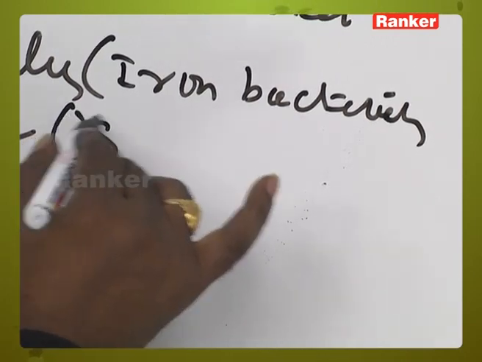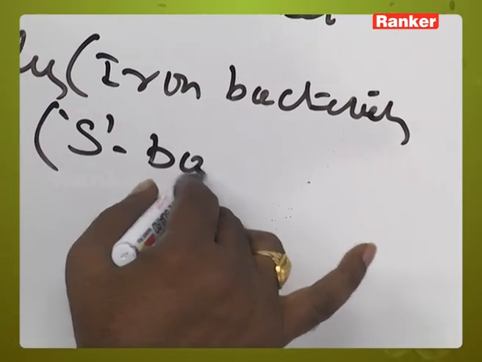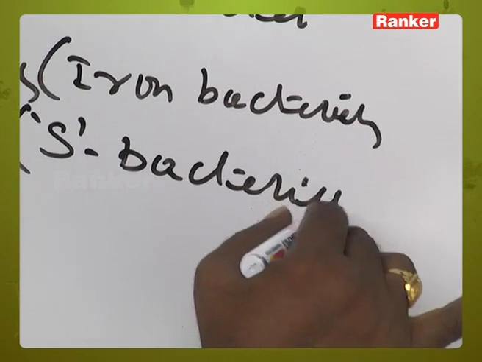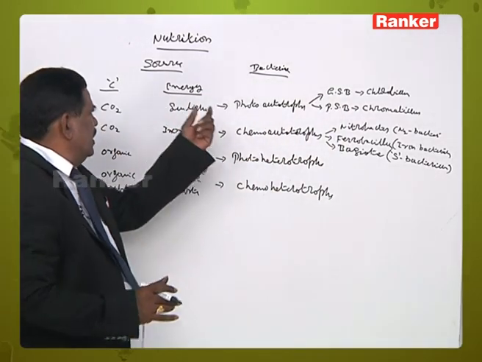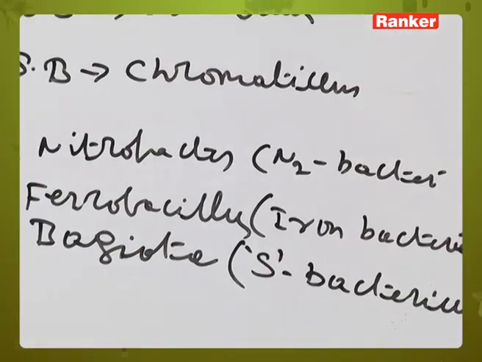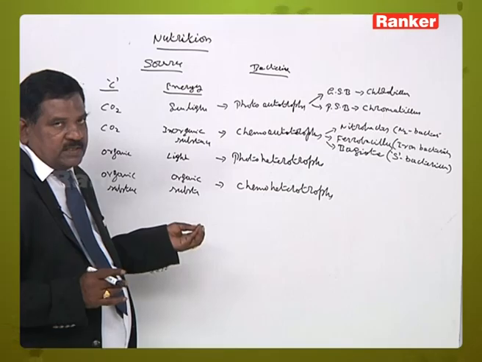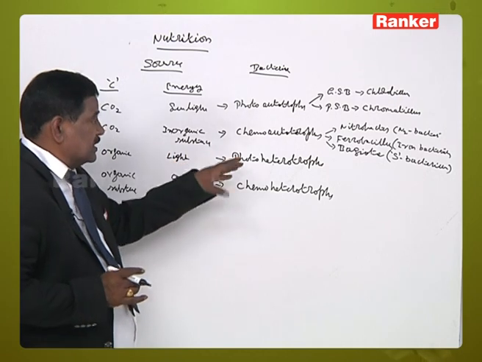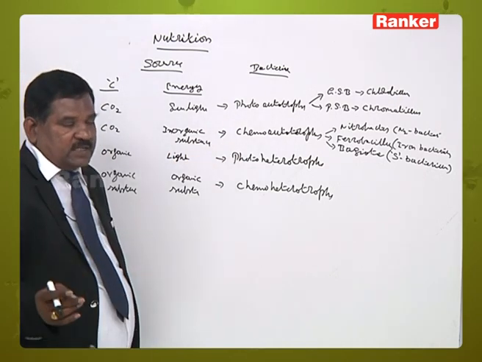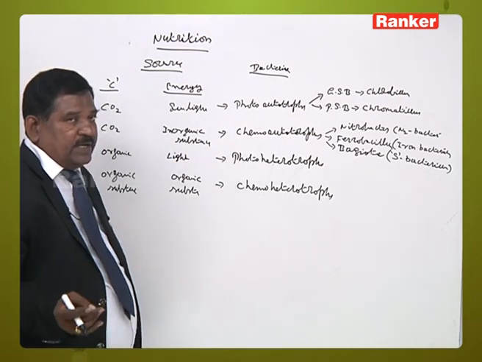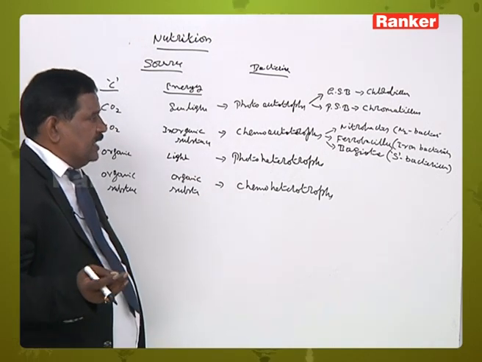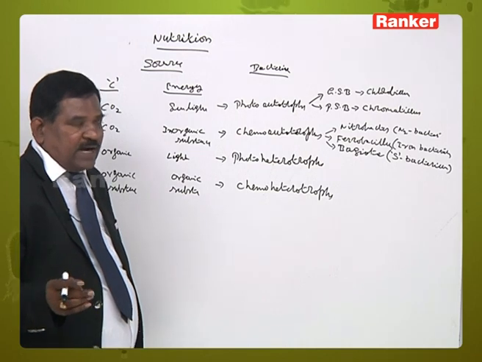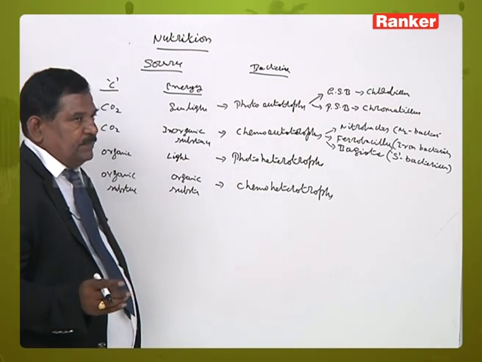Beggiatoa, sulfur bacterium. Based on the source of energy, oxidation of inorganic substances, chemoautotrophs are of various types. One example, nitrogen bacteria, Nitrobacter. Iron bacteria, Ferrobacillus. Sulfur bacteria, that is Beggiatoa.